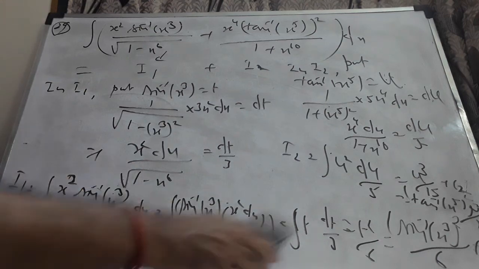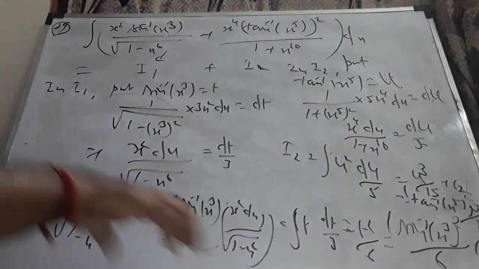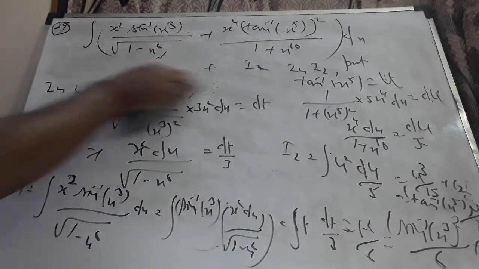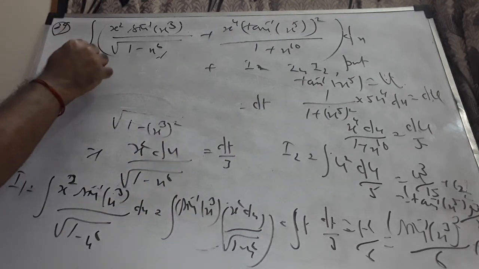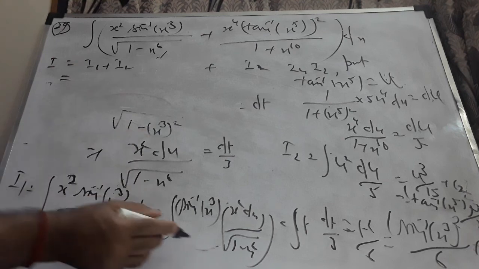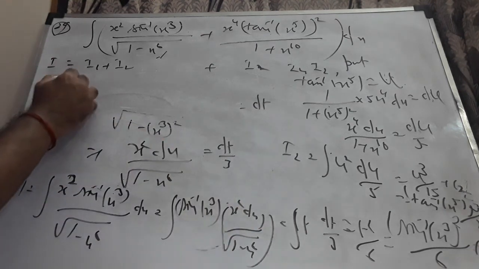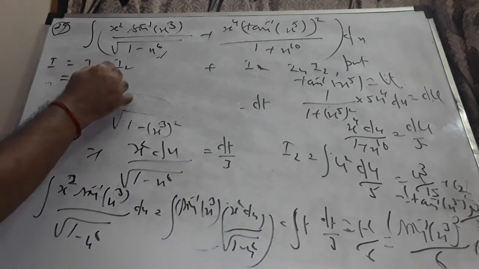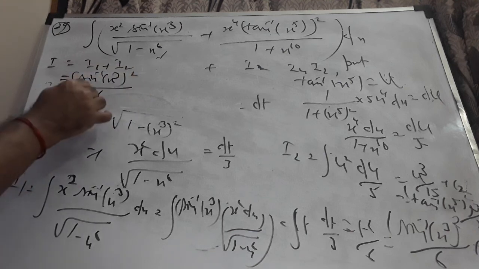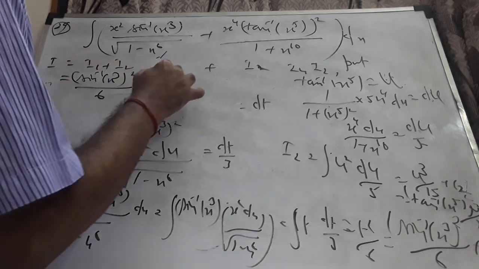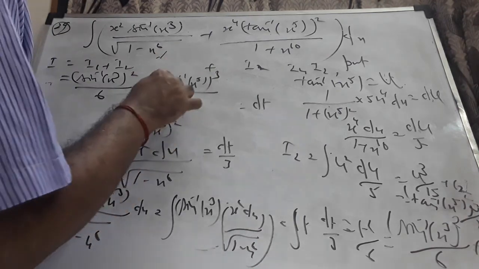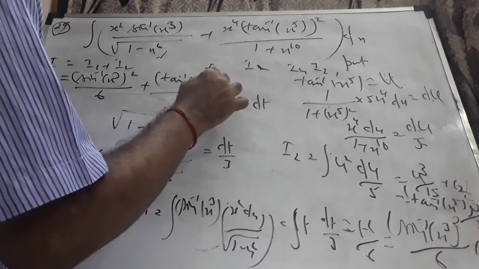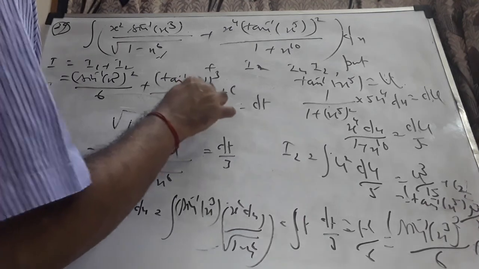When you add this much plus this much, my final answer, let me rub here and write. My I will be I1 plus I2. My I1 here is (sin inverse x cube) whole square by 6, plus this will be (tan inverse x power 5) the whole cube by 15 plus c, where c is c1 plus c2.